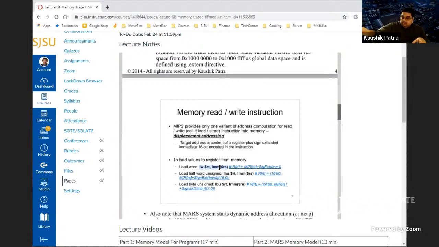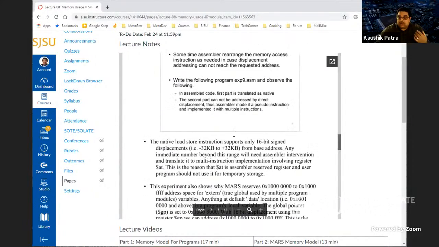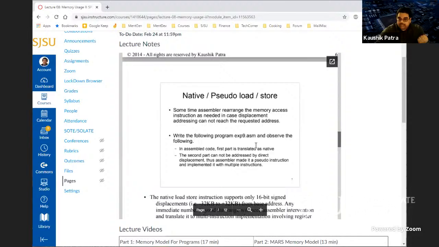Within open and close braces, there is some register, and that is the only form. But MIPS provides, through some pseudo instructions, some other forms of load word and store word as well. So that's what we'll be looking at here.